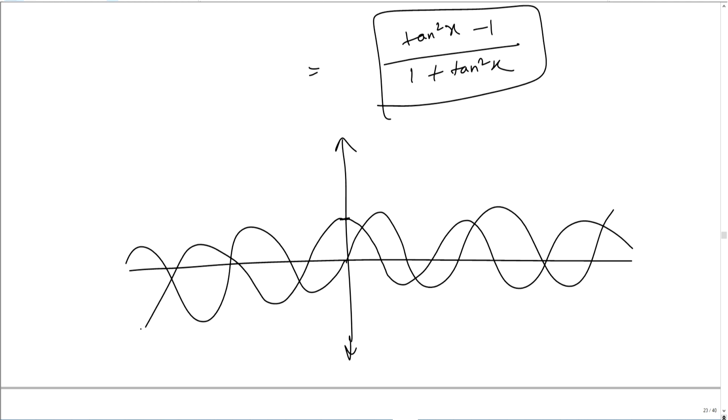And the tan function is defined in intervals between minus pi by 2 to pi by 2. These are periodic functions, they repeat their values after a certain interval. There are some interesting properties. The sine function is an odd function, the cos function is an even function.